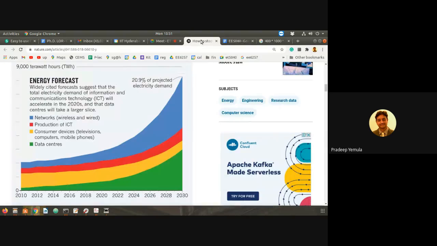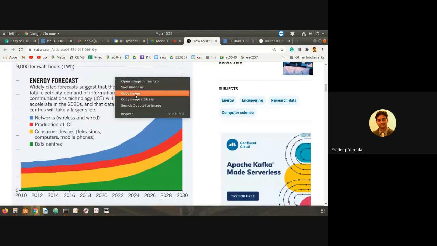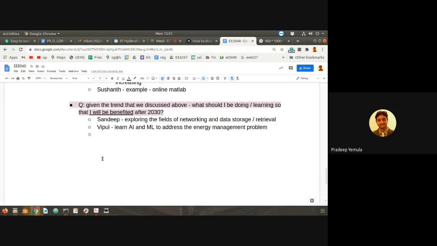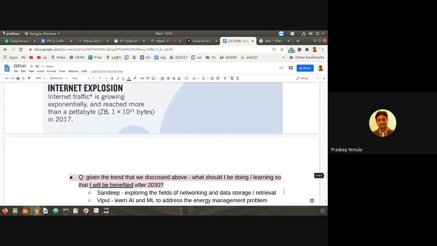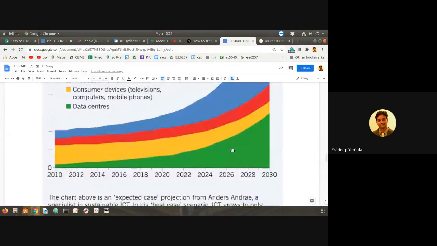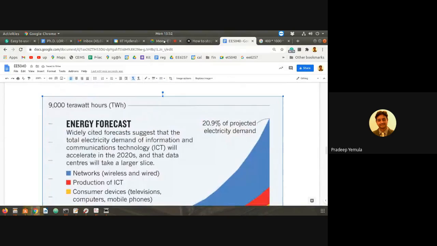So again, for you, maybe I'll just copy this image and then paste it here. Oh, there is another part of the figure also.